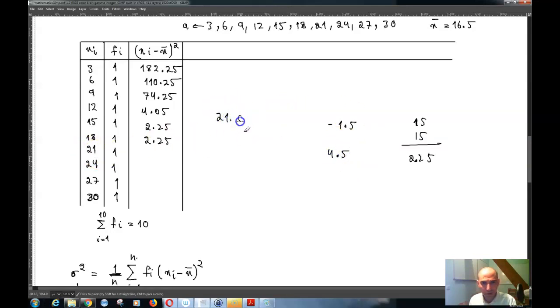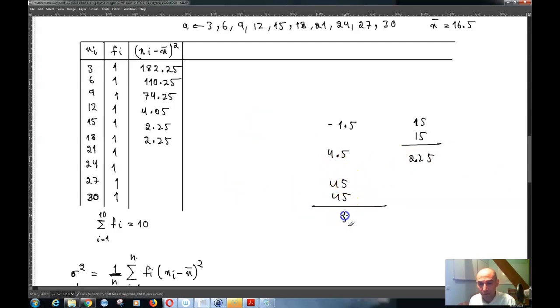So 4.5 times 4.5 is 45 times 45. You need to know these things. They are very useful in calculation.